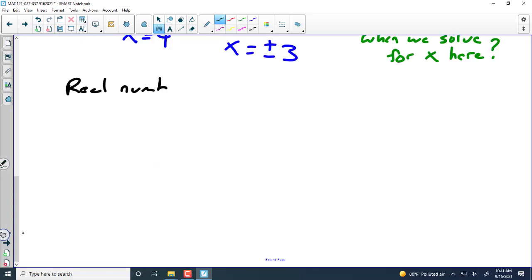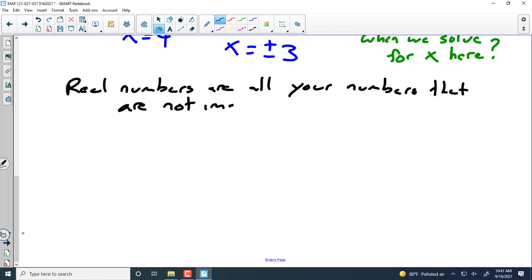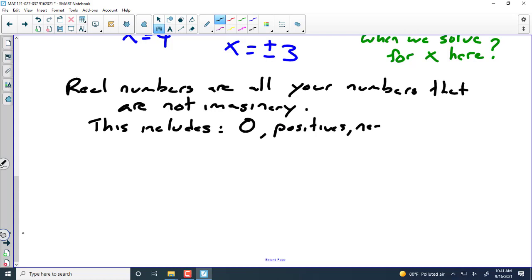Real numbers are all your numbers that are not imaginary. This includes 0, positives, negatives, fractions, horrible decimals.